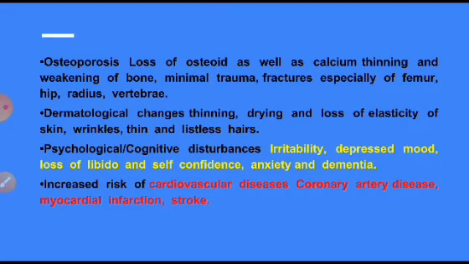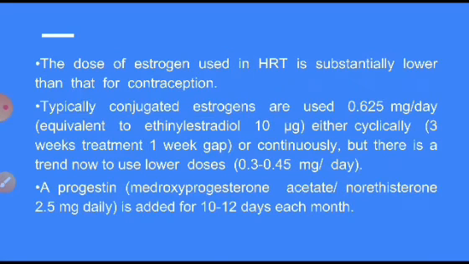If there is any case where they found an increased risk of cardiovascular diseases, coronary artery disease, myocardial infarction, stroke, hormone replacement therapy can be given. The dose of estrogen used in HRT is substantially lower than that for contraception. So these are the doses used for this purpose.